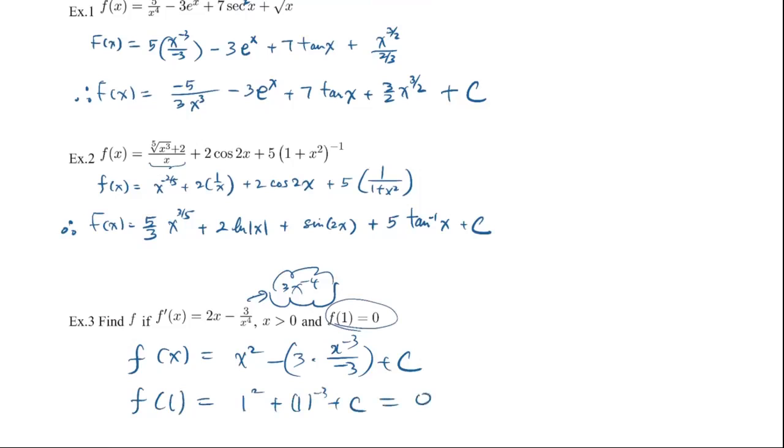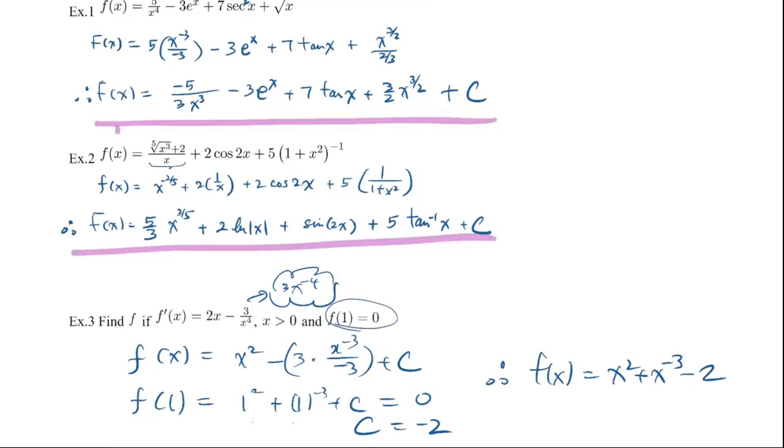And then that's 1, that's 1. So C is equal to negative 2, isn't it? Therefore, we could say that F of x is equal to x squared plus x to the negative 3, oops, that's minus 2. There you go, guys. All right, so those are the results that I have right there.